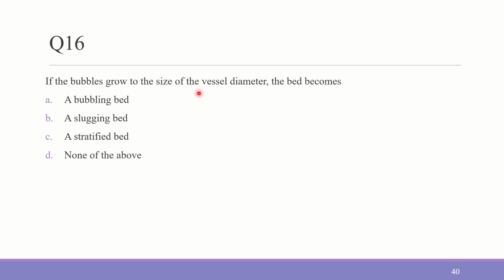That is what we call flat slugs. If a bubble grows to the size of the vessel diameter, the bed then becomes a slugging bed. So the right answer to this particular question is option B, a slugging bed. Now let us go to question 17.